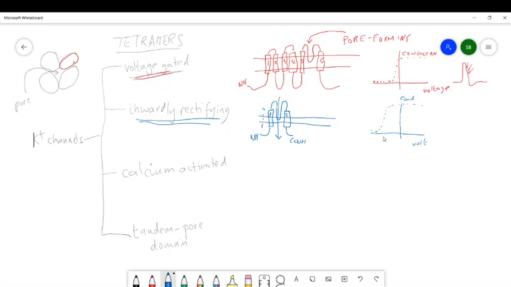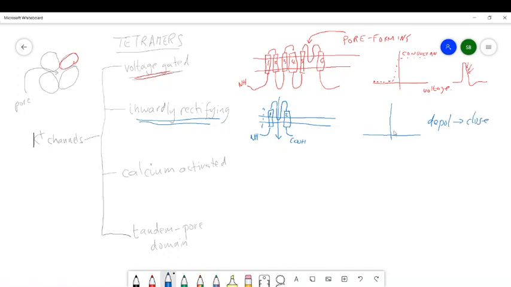But remember that if EK is somewhere around here, the reason they have this ability to stop potassium leaving the cell is because they have a slightly unusual property: when they're depolarized, they close.